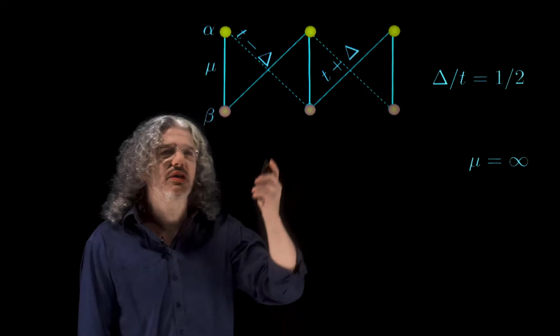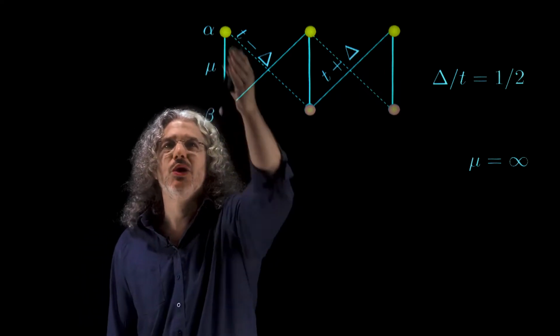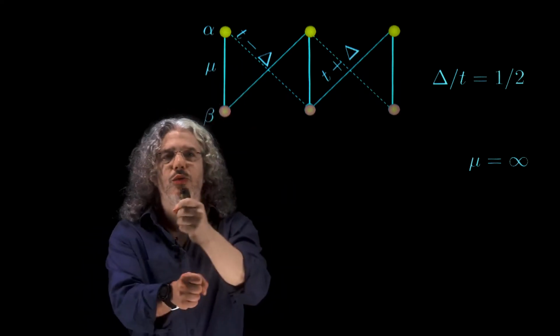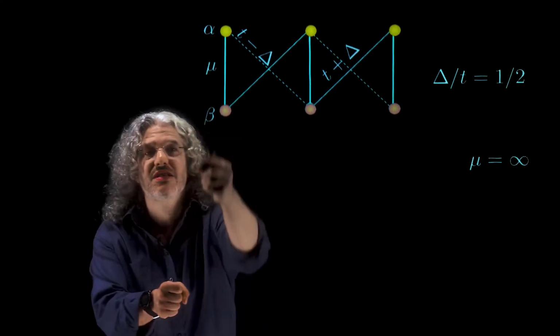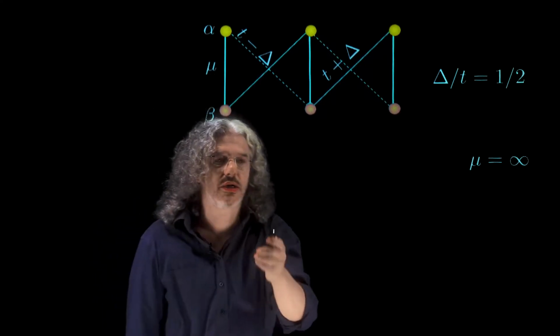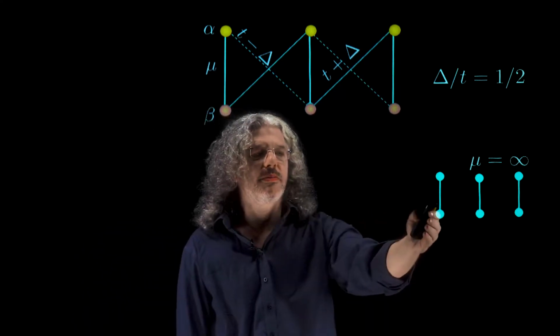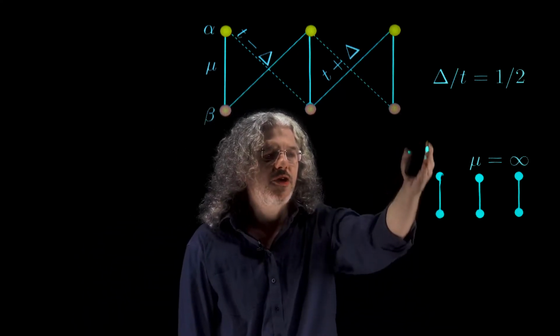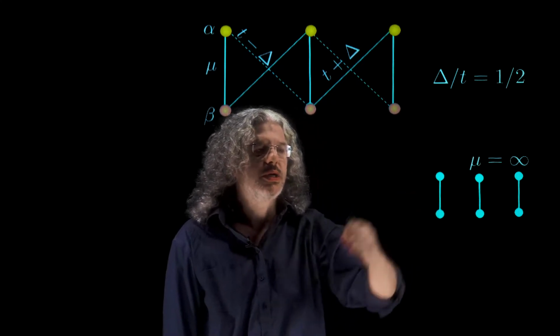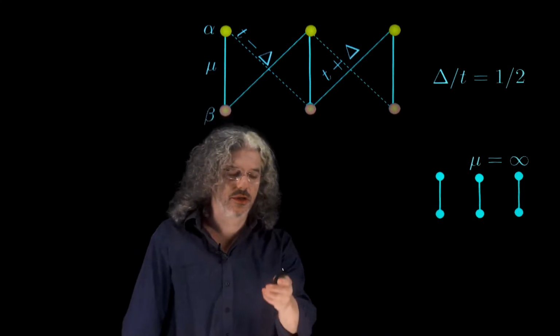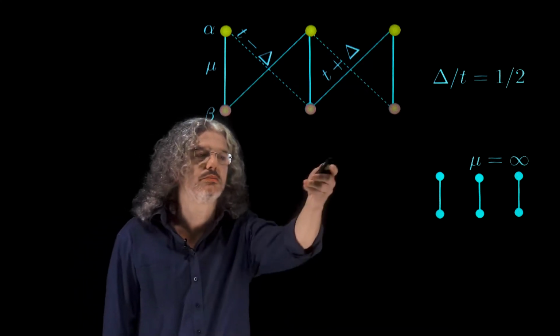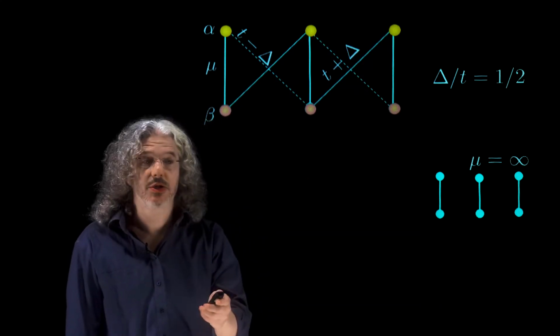If mu is very large, I will not have a Majorana zero mode at the end, because the two Majorana modes which sit at the same site are coupled very strongly. We simply have a fermion on each site, strongly coupled, so there is no mode at the end of the chain.